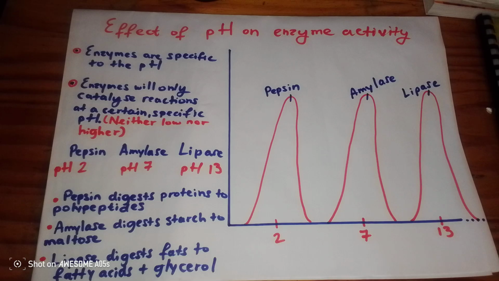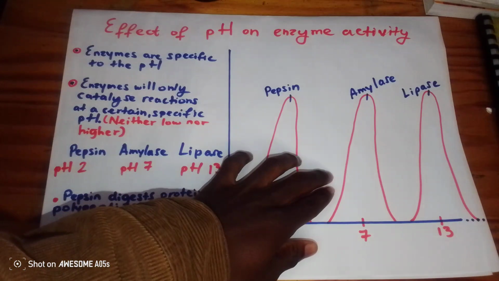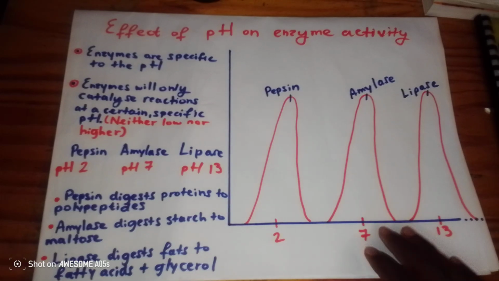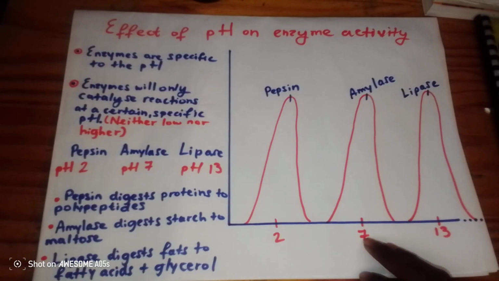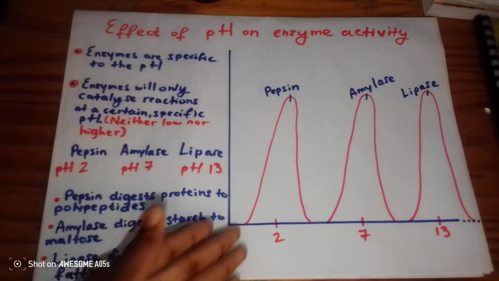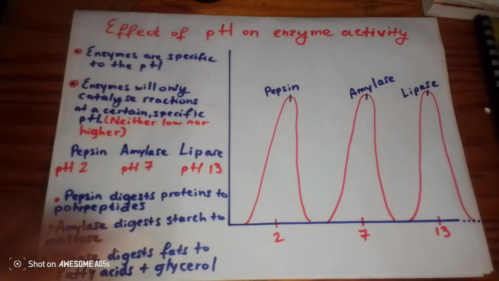Let's say it's the enzyme amylase, which we see right here, then it will only work at pH 7 to, let's say, 7.5. So there are very narrow limits when it comes to pH, as compared to temperature, where when it's lower, let's say at 2, the enzyme works at a slower pace, but when it gets too high, it denatures.